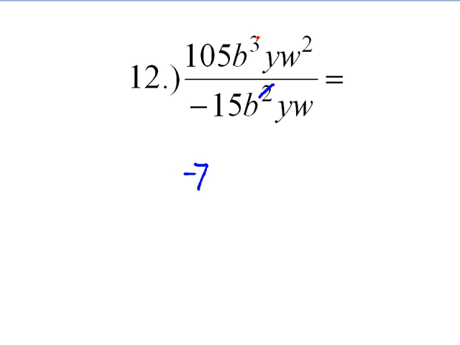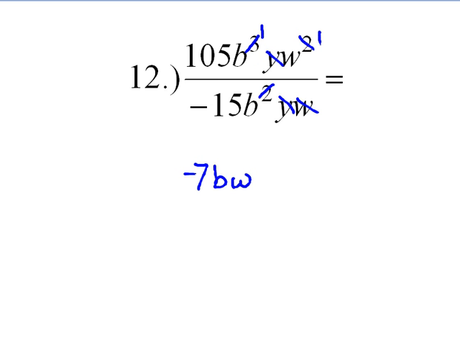So we have 2 here, 2 here, we have 1 left, b. We have y to the first and y to the first, which cancel each other out. We have w to the 2nd and w to the 1, so we can make that a w to the 1. So we simply write that as negative 7bw. Again, what I'm doing is just canceling out and putting what's left next to the variable.